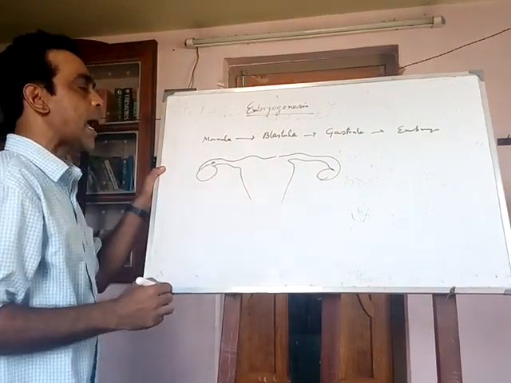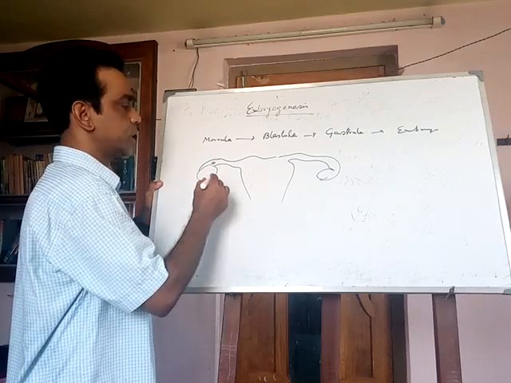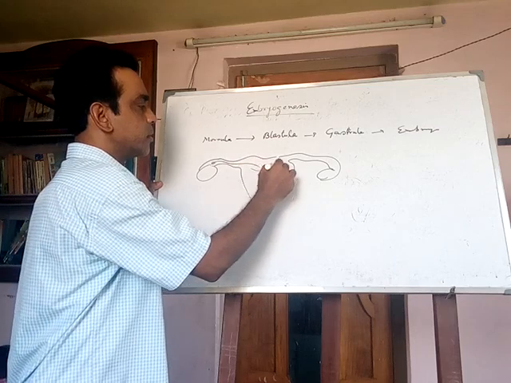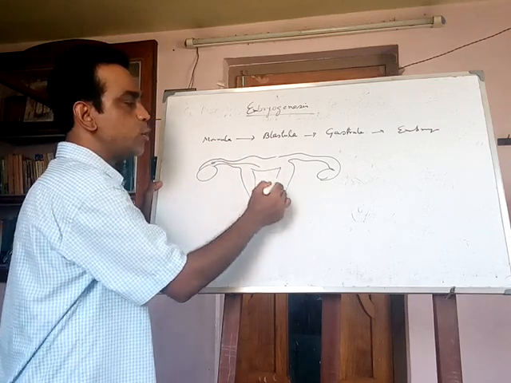It forms in the ampulla section of the fallopian tube, and it is thrown into the inner part of the uterus.